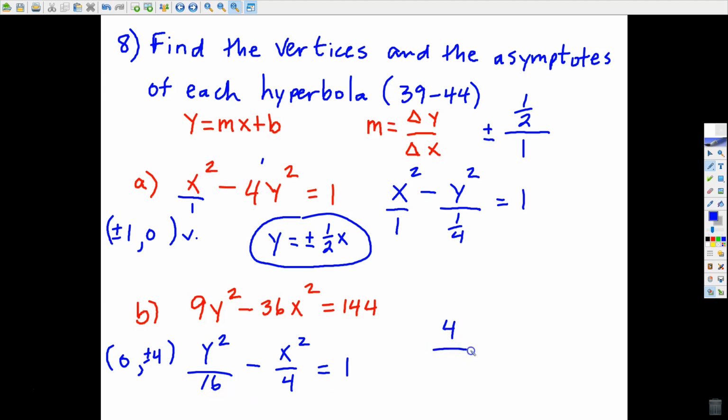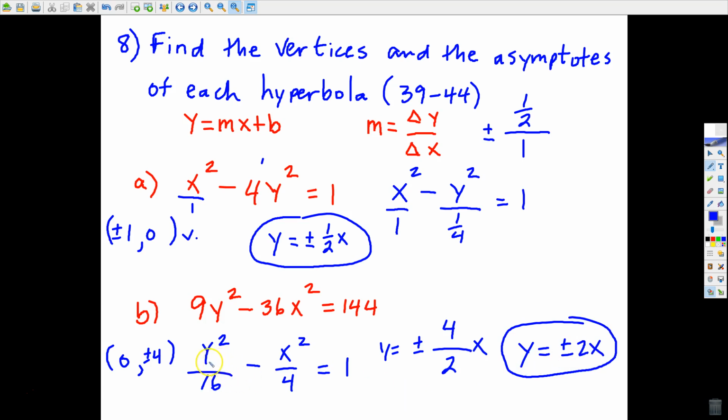Square root of 16 is 4. And the square root of 4, which is x squared's denominator, will go on bottom. Remember it's two different lines, so you're going to do plus minus. To simplify, our two lines are y equals plus minus 2x.